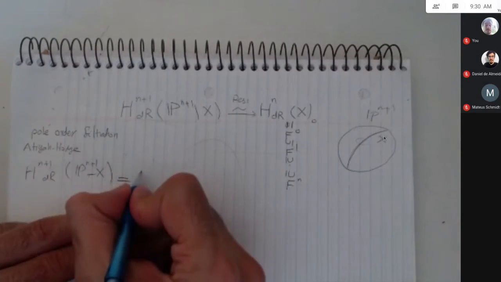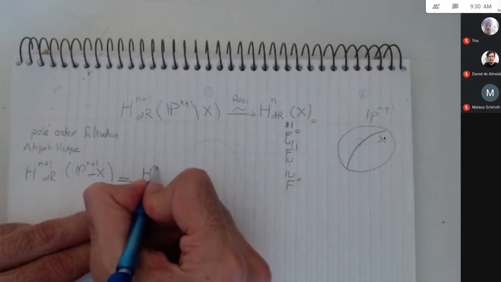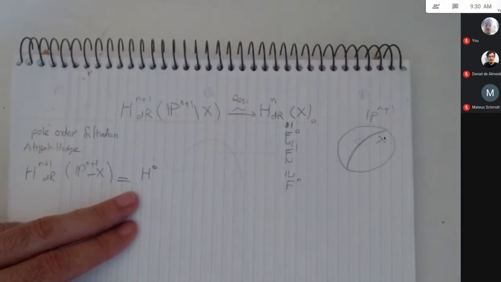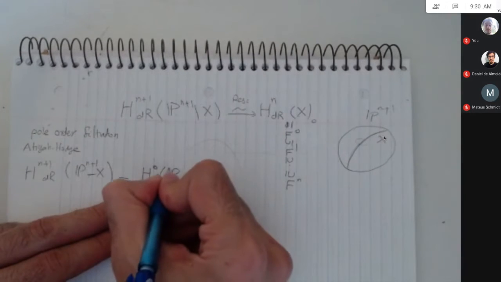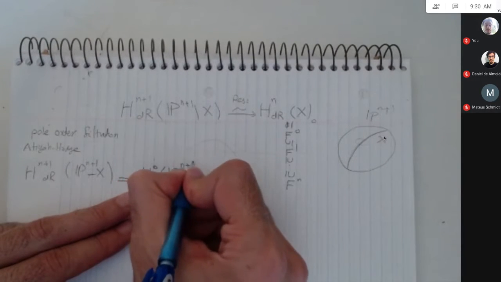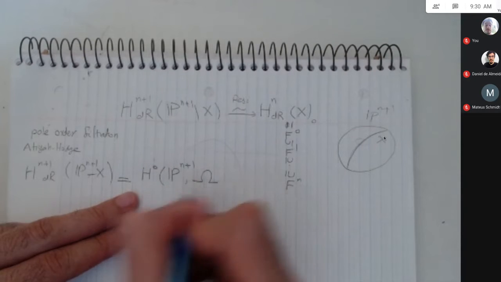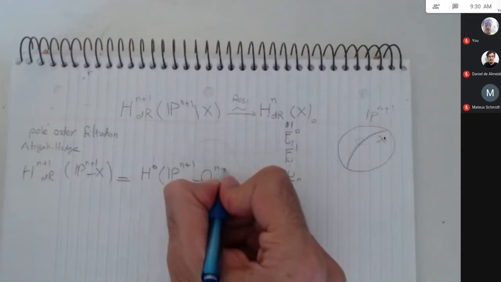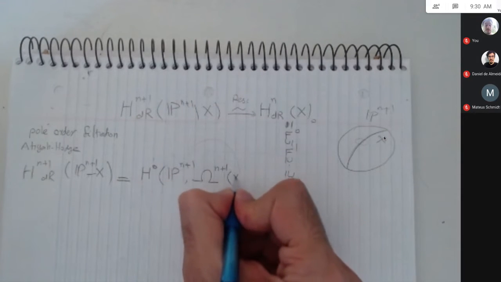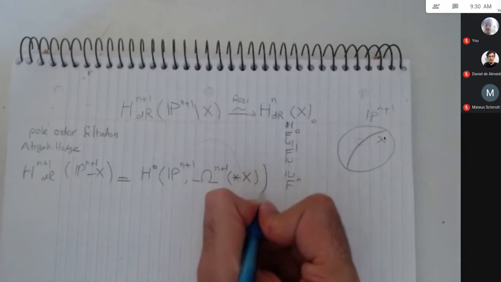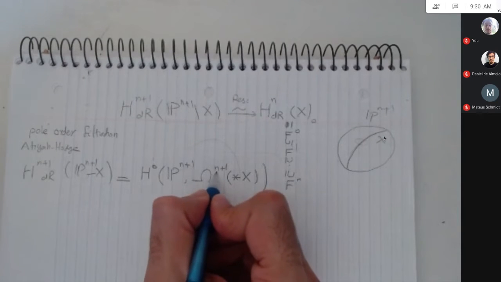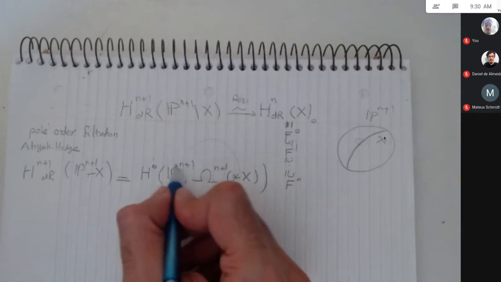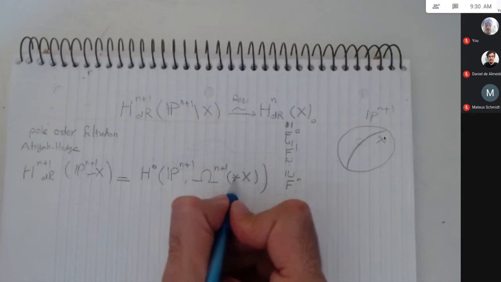So it will be global. Maybe let's write it as global differential forms in P^{n+1} of degree n+1. So what is this notation? This means that we take (n+1)-forms in P^{n+1} with poles of arbitrary order.